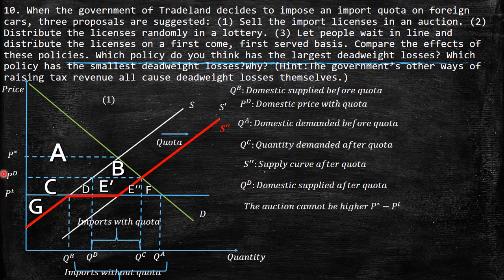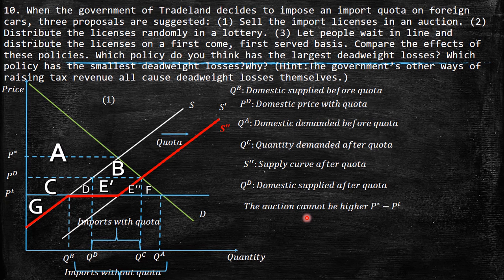Once the auction price is higher than P star, the license holders don't have incentives to pay for this right in order to import. So in this sense, the auction price cannot be higher than P star, because once it's higher there are no incentives to import.